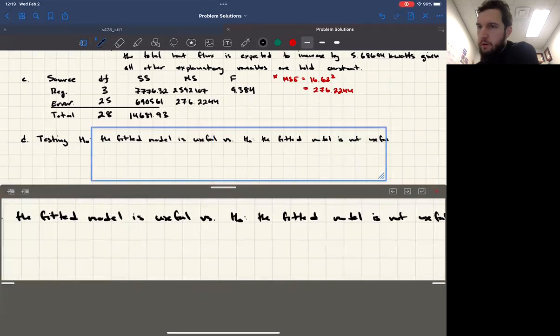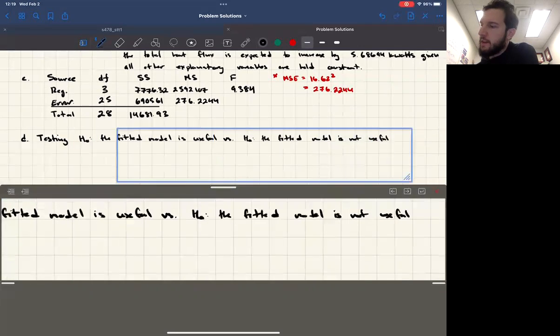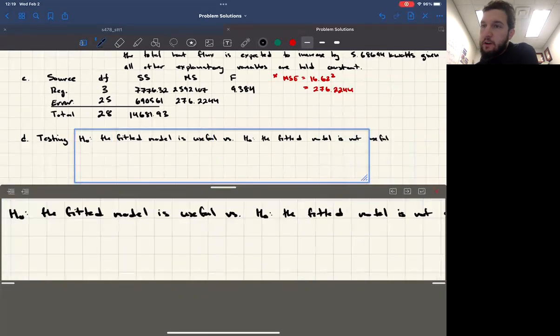Now, there's other ways that you can write this test. This is actually sort of like an ANOVA style test, in that what we're doing here is we're basically testing the null hypothesis that all of the coefficients are equal to 0 versus the alternative that at least one coefficient is not equal to 0.